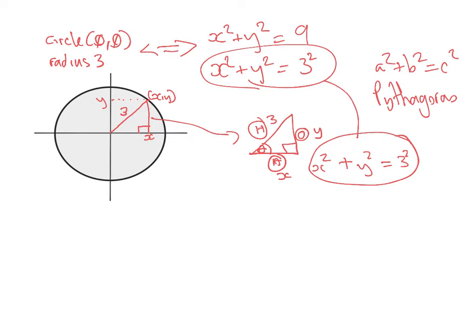So that's the definition of a circle, one of them. As we start moving it, that point ends up there. So x has now got smaller, but y's got longer.